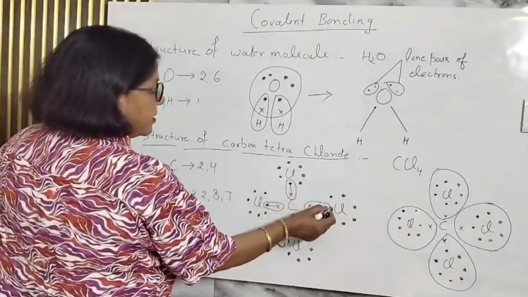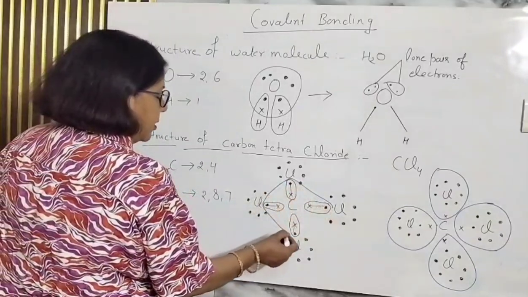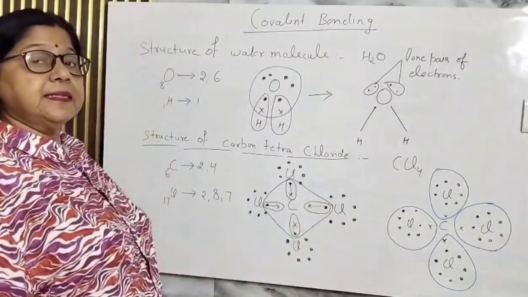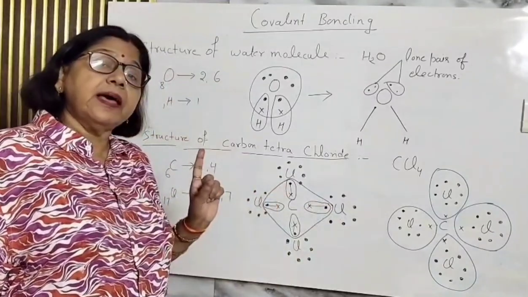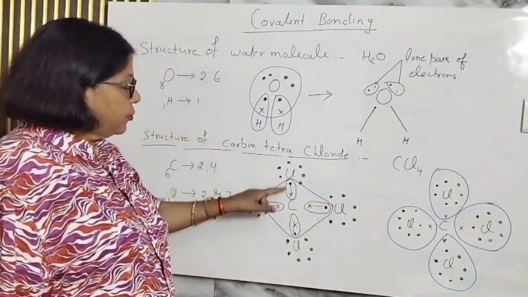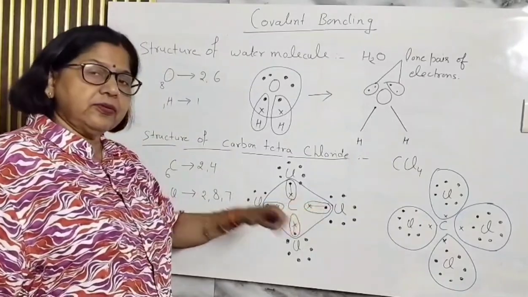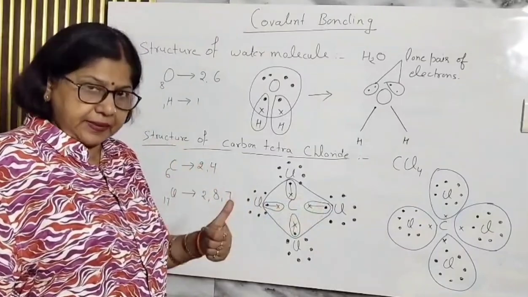I just encircle these electrons to show you how the octet of the carbon atom is completed. In the blue circle you see how many electrons I can count? 2, 4, 6 and 8. So that means the octet of carbon is completed.